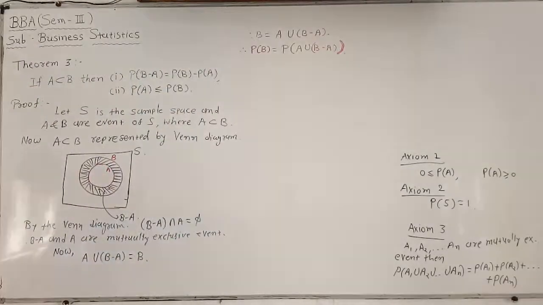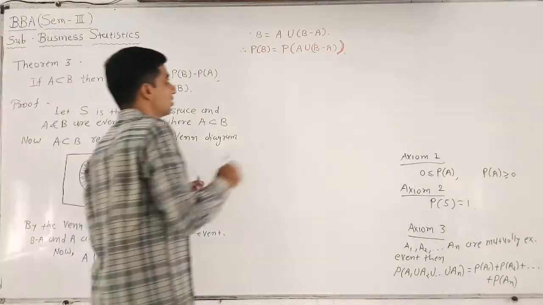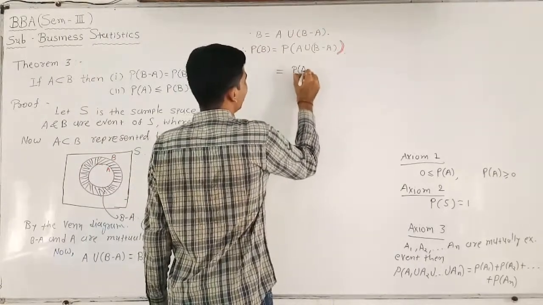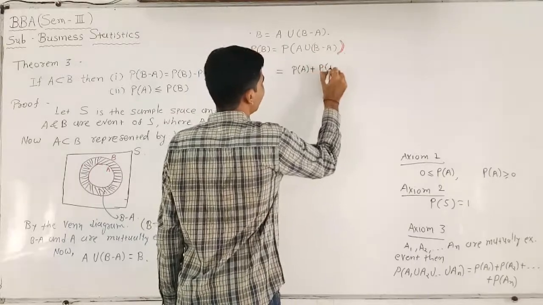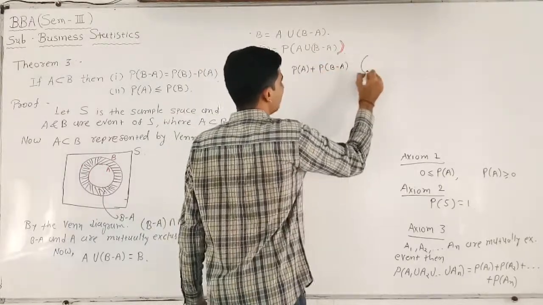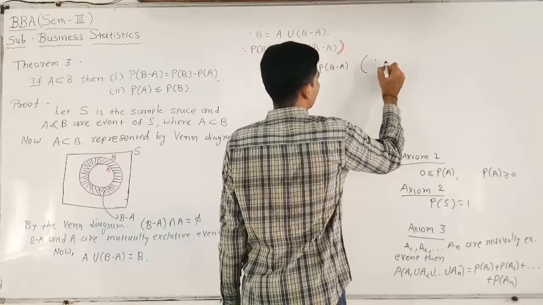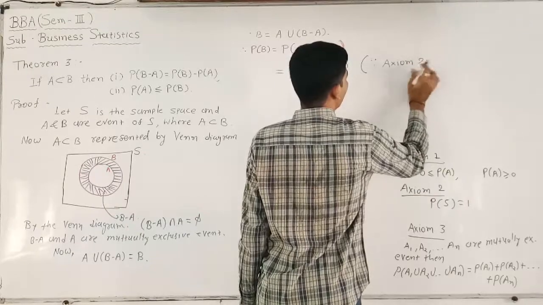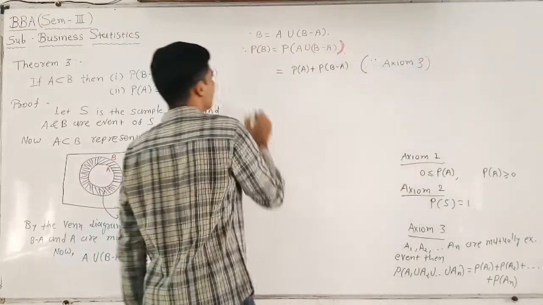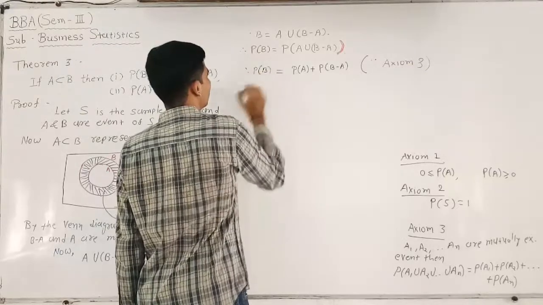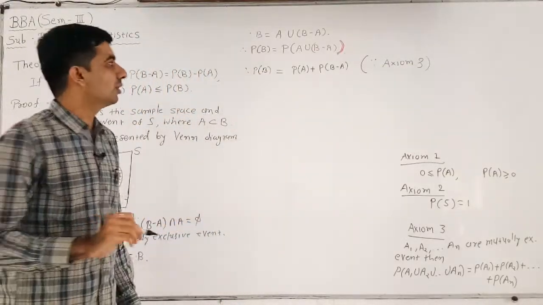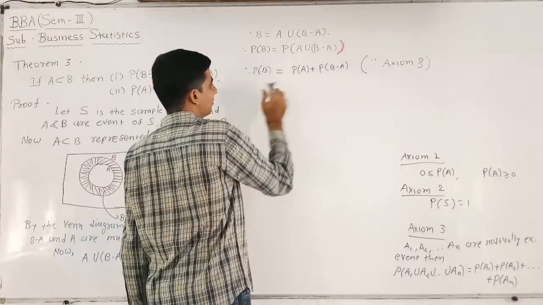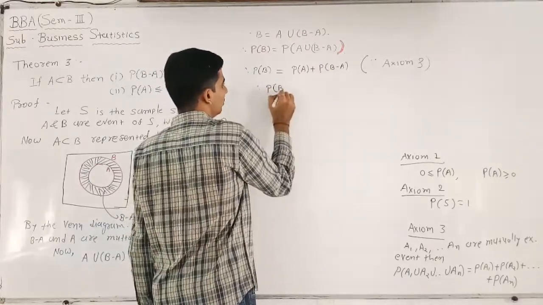Then by axiom number 3, P of B is equal to P of A plus P of B minus A, because the reason is axiom number 3 પૂર્વધારણા 3 પરથી P of B is equal to P of A plus P of B minus A. Therefore now P of B minus A is equal to P of B minus A.